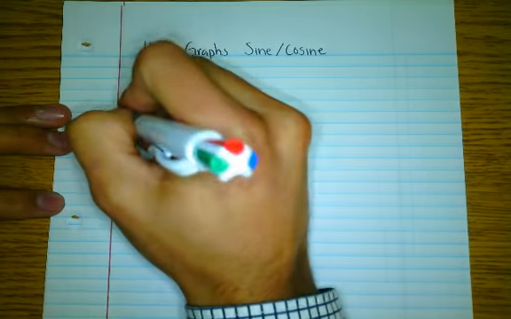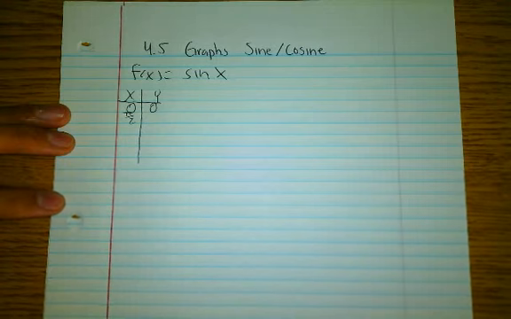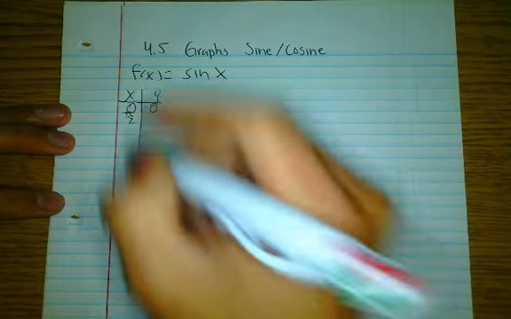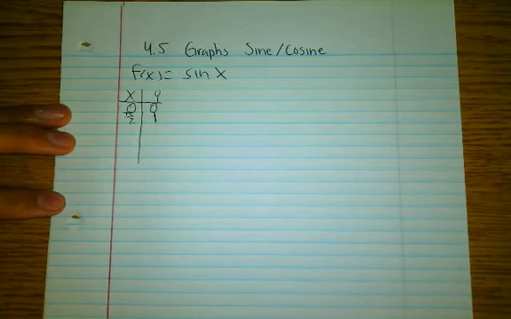So I'll give you an example. Pi over 2 is the 90 degrees, right? What is the sine of pi over 2? It's 1. Can you guys think of another angle that's going to give me nice output?